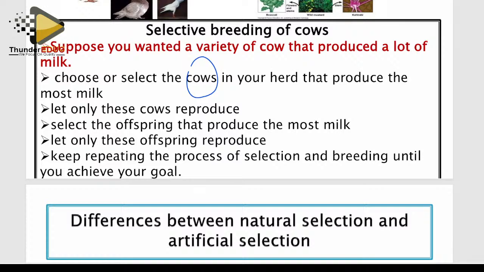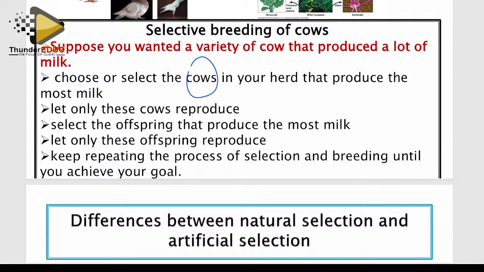You modify them, and then let only those maize reproduce because they have more rows of this meal. Then select the offspring that produce more on the cob, and let only those offspring reproduce, meaning that those maize which have more maize on the cob are the ones allowed to reproduce.